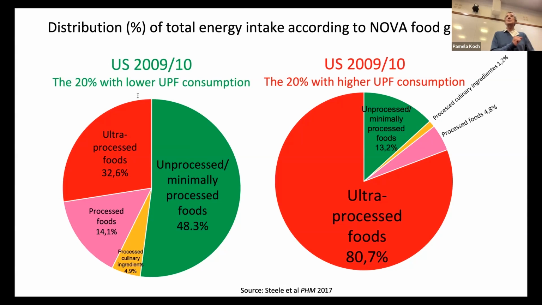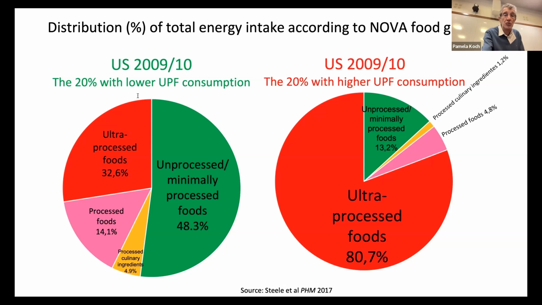And here, this is still more interesting because the average energy intake from ultra-processed food in the US is about 57, 58%. It's increasing. So probably now it's already 60 or maybe more. But if you divide the US population in quintiles, if I take the 20% lowest consumers of ultra-processed food, which is a lot, 20%, millions and millions of people, that is the figure on our left side.